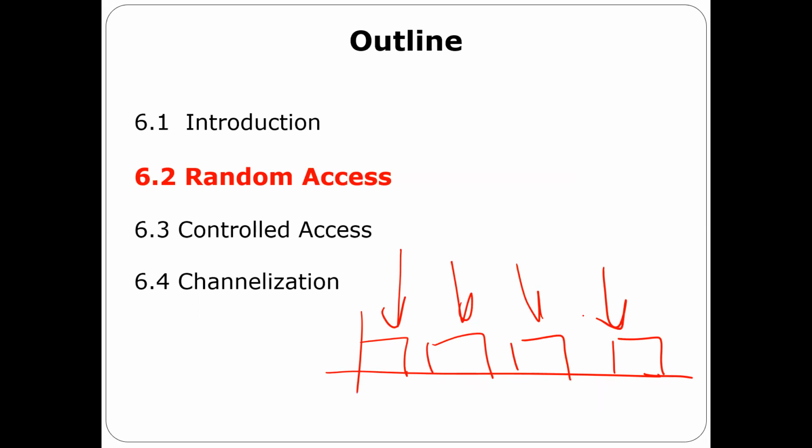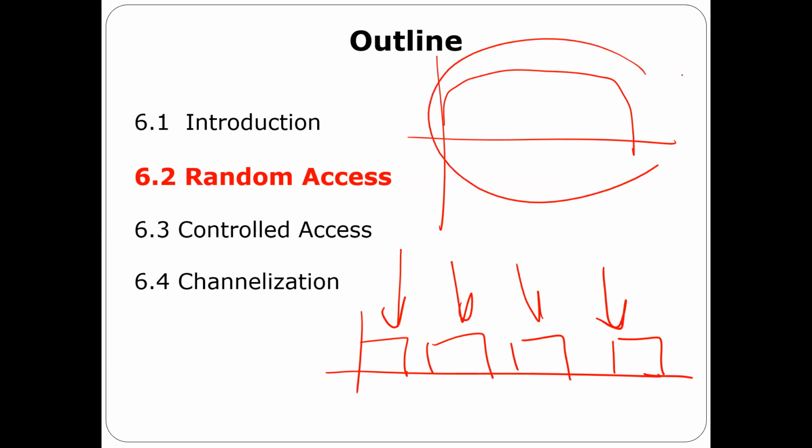The other way is that if you want to transmit, you take the whole bandwidth during your transmission. Here there are no multiple simultaneous transmissions.